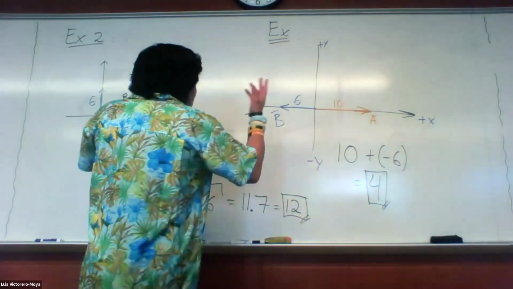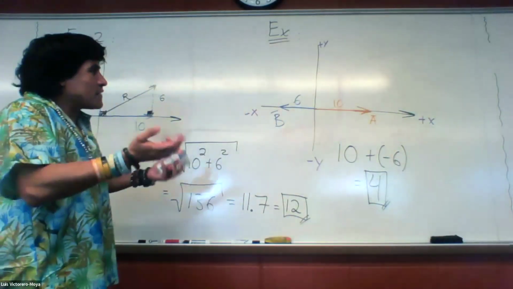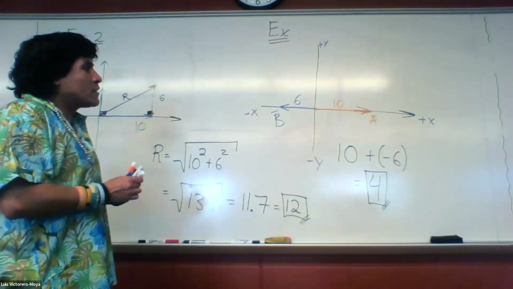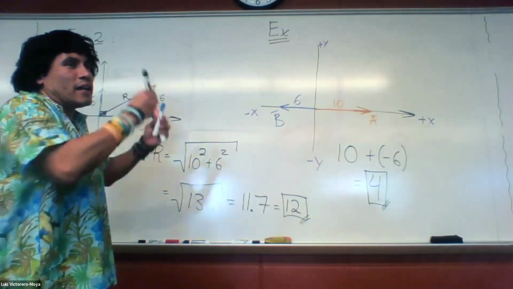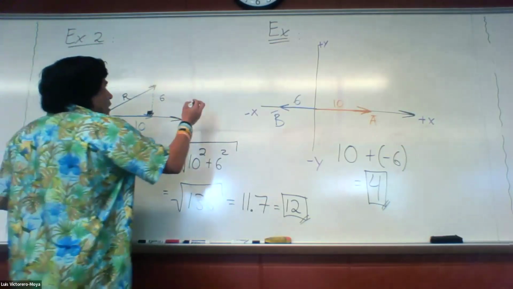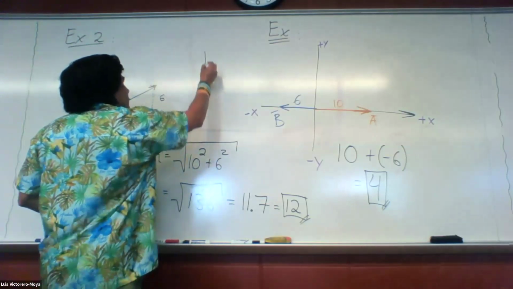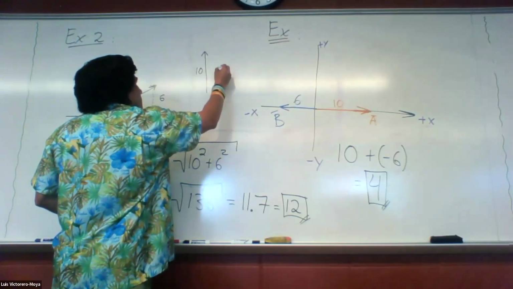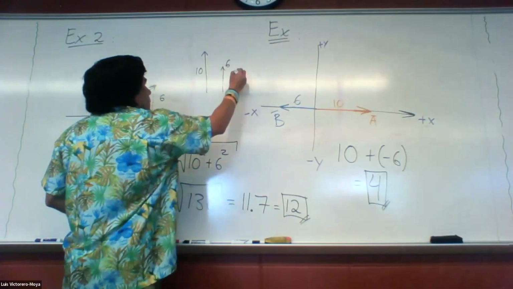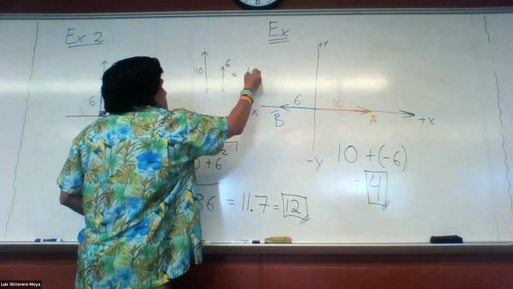So to find the maximum sum, the maximum possible value for the sum of two vectors is if both of them are parallel to each other in the same direction. So for example, if you have 10 and 6, if both of them are going up, the sum is 16.